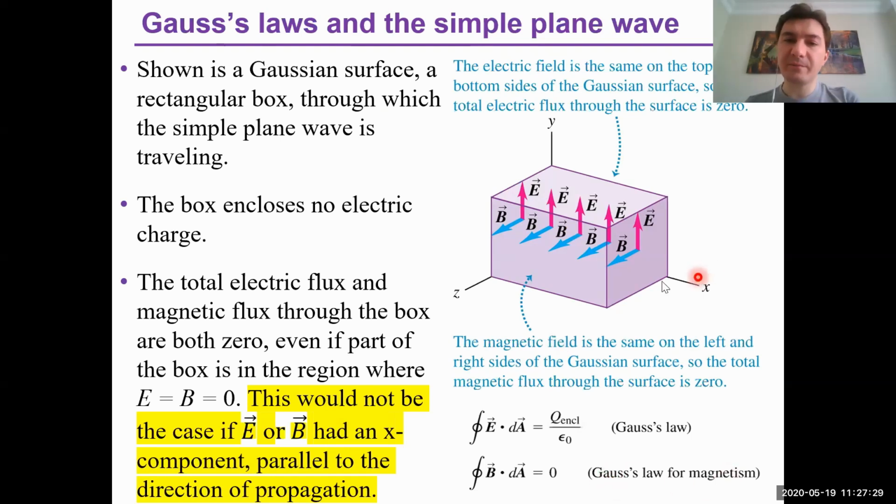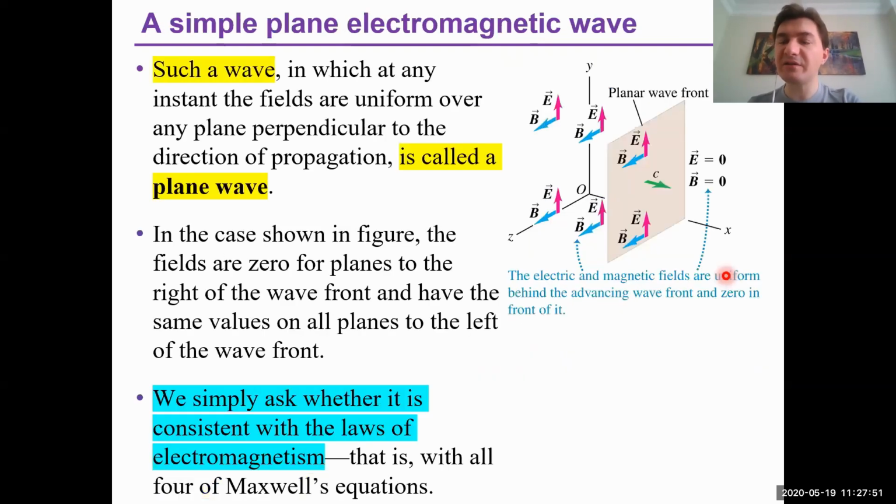What about electric field in that direction, in positive x direction? Let's consider that you have electric field in that direction. Within the box, let's consider we have electric field like this, but on the right side, we have no electric field because this planar wavefront is moving like this.